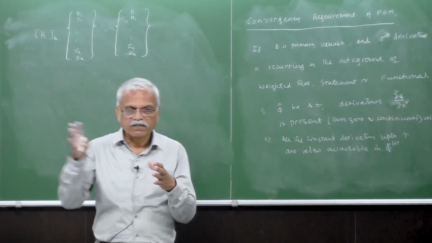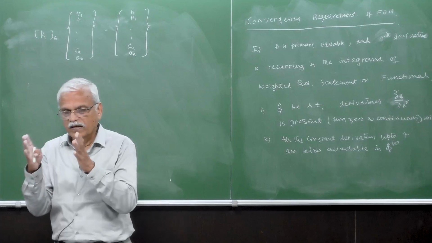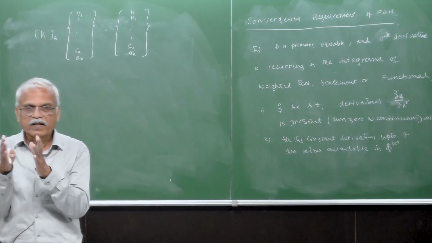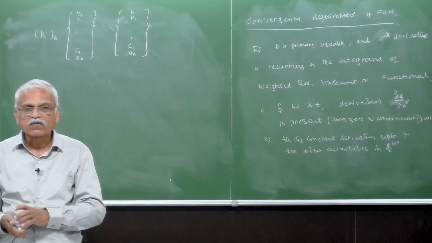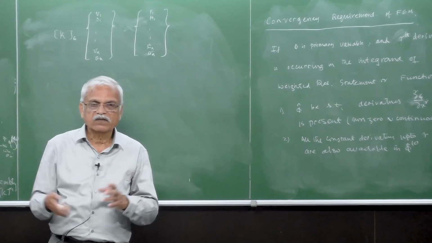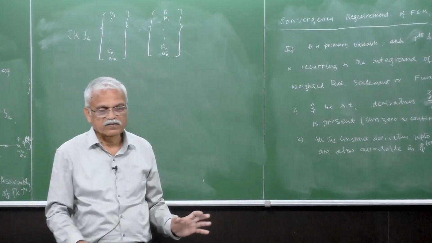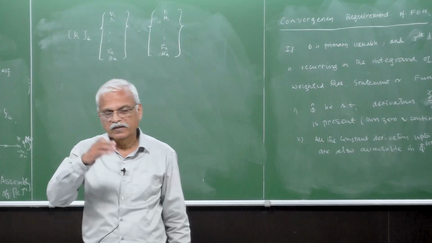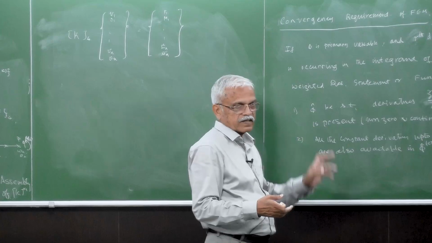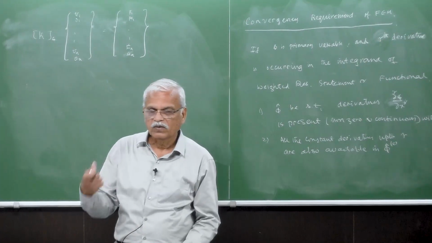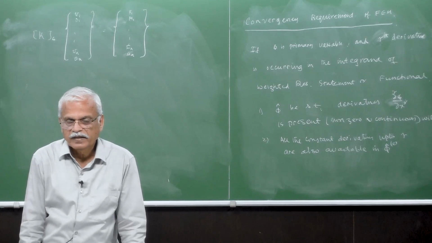That means that when the element becomes smaller and smaller, it will come to a state where the whole element will be under the same uniform strain. So that should necessarily be present in the function. If you devise a function phi hat here, it should not miss any lower order degree terms.